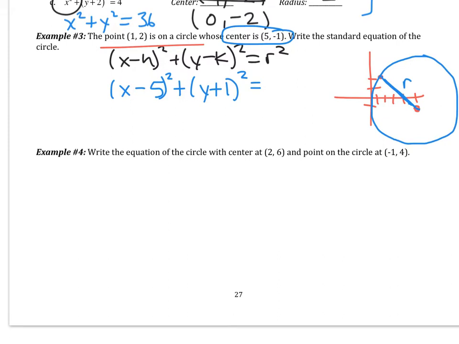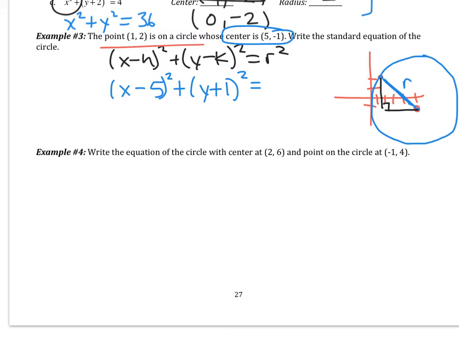Pythagorean theorem. Okay. If we're going to do the Pythagorean theorem, then all we have to do is tell me what this length is and what this length is, because now you have two sides of a right triangle. If I'm at 5, -1, how much am I going up to get to a 2?